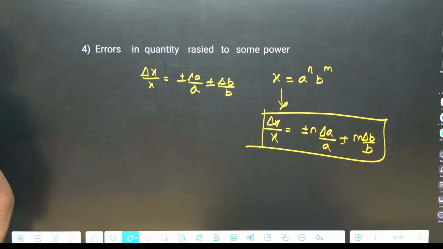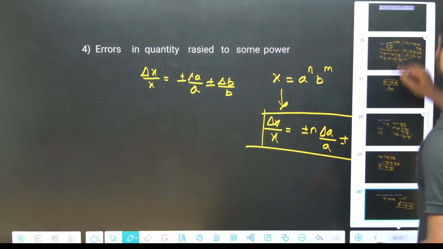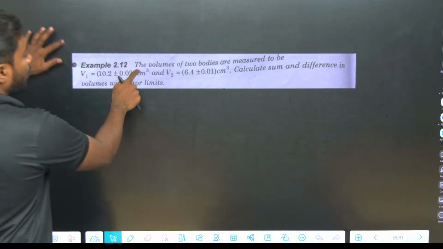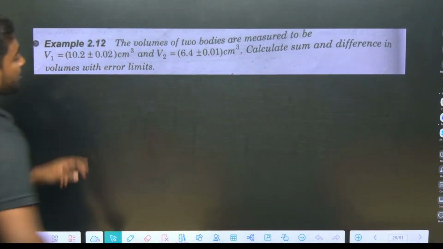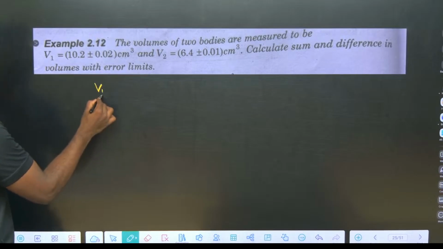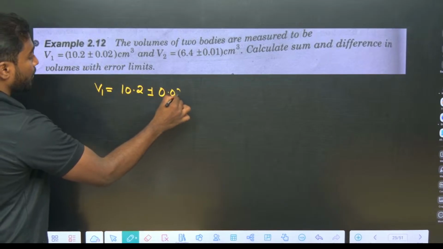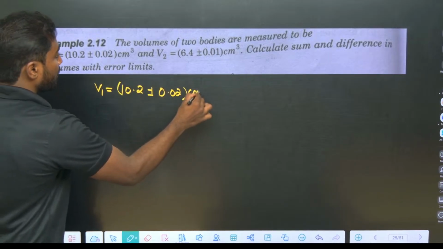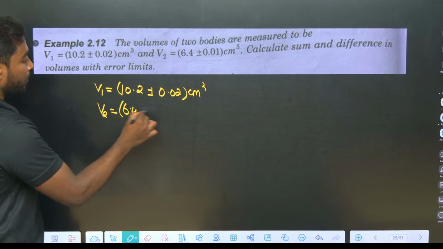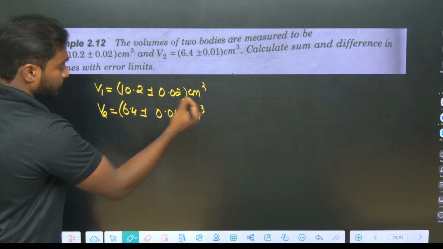We'll do the problems now. So there is a problem for the first one. The volumes of two bodies are measured to be V1 is equal to 10.2 plus or minus 0.02 centimeter cube, V2 is equal to 6.4 plus or minus 0.01 centimeter cube.